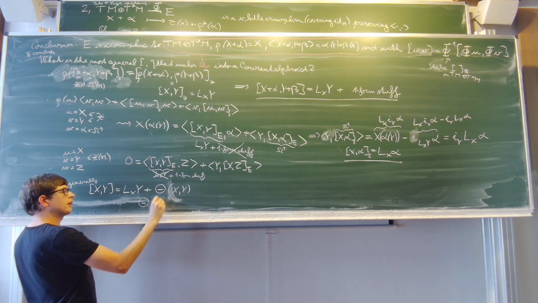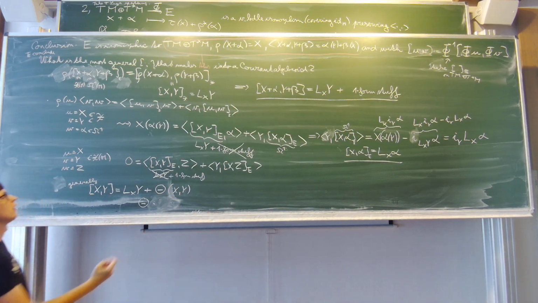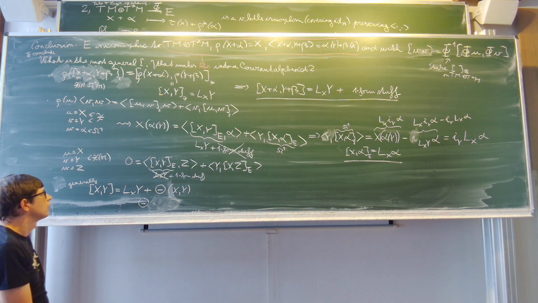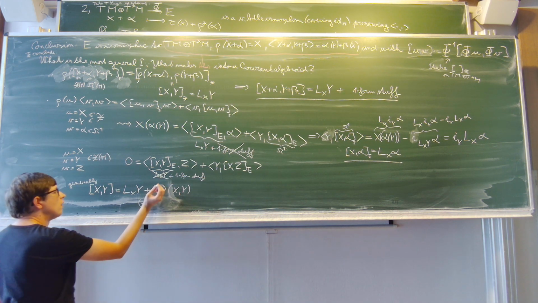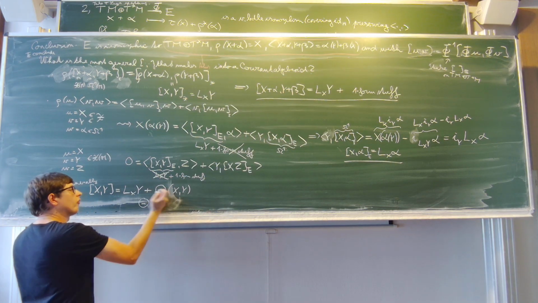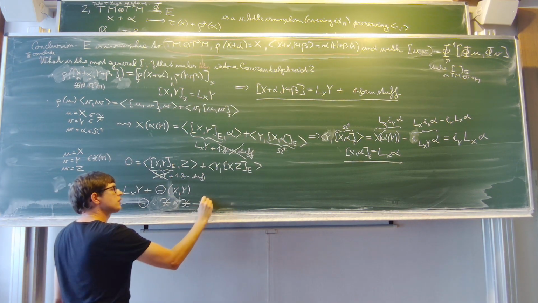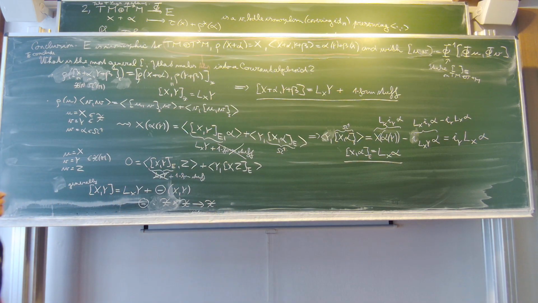The map theta is something that eats two vector fields and produces a third vector field.